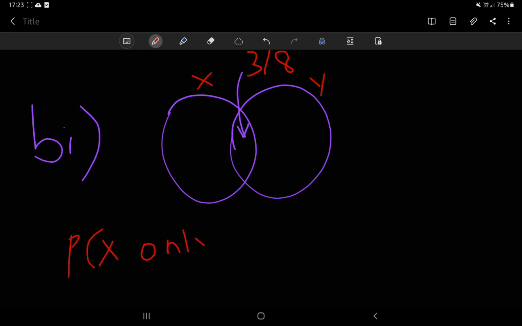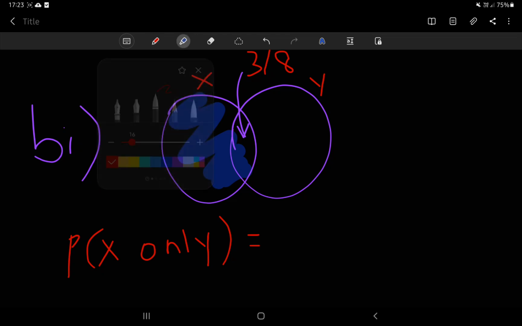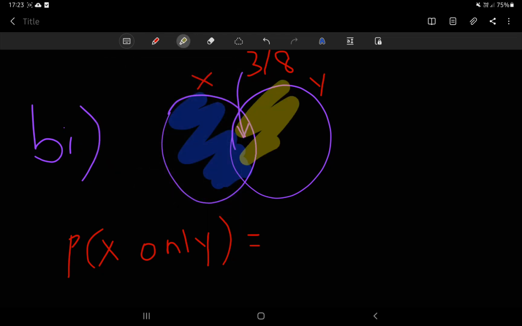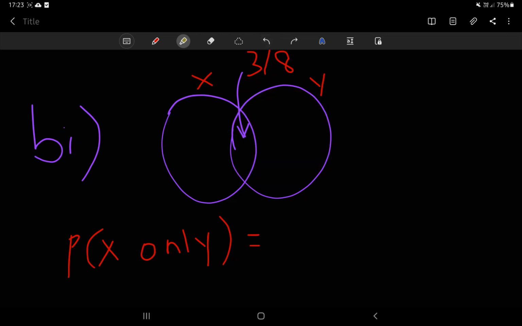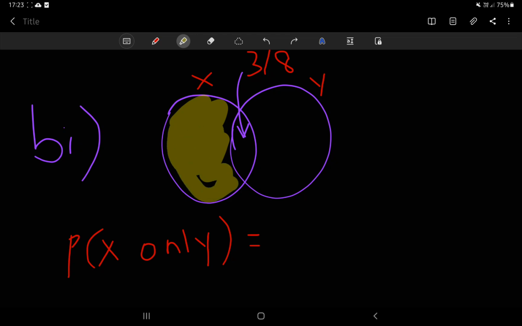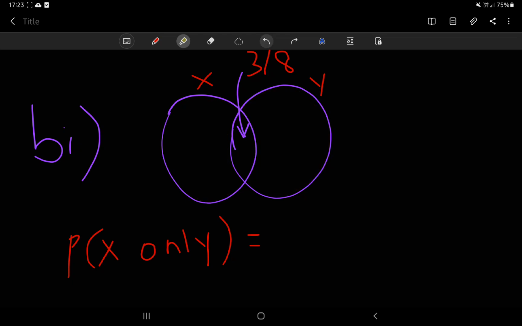The whole X is defined as this, and the whole Y is this, including the intersection. We want to find only this part, so we don't include the middle.